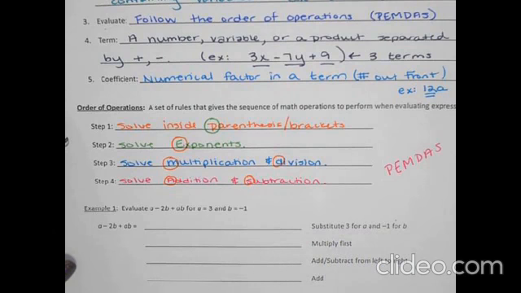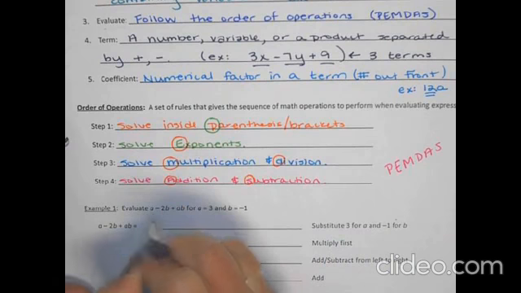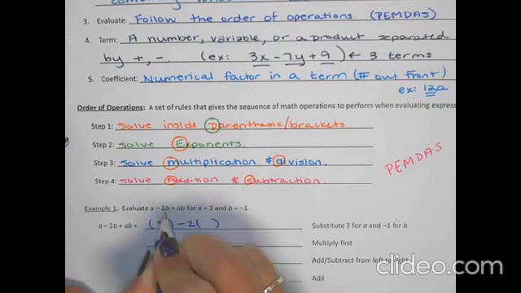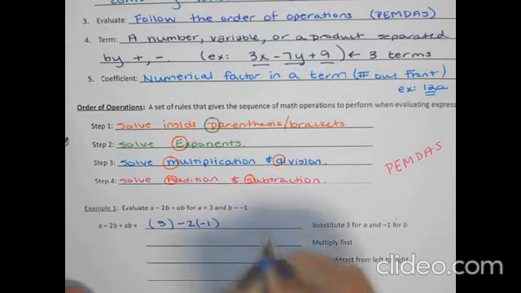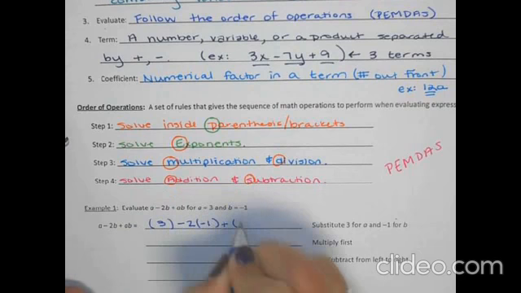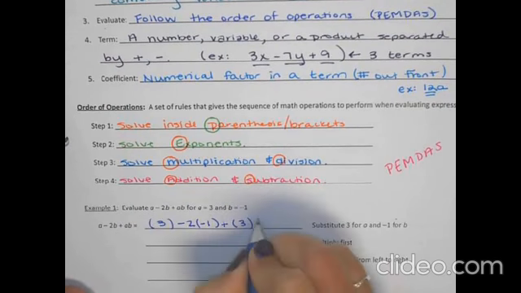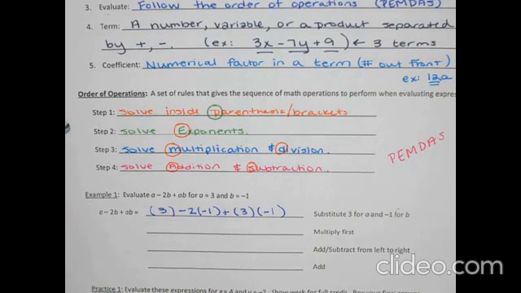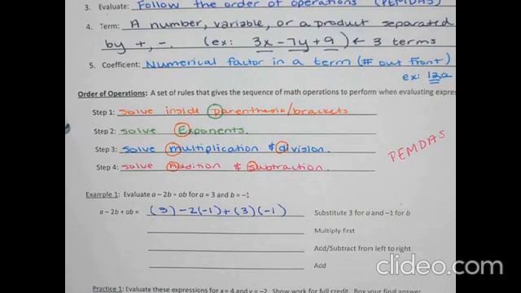Instead of this first a, we are going to write 3 minus 2 times negative 1 plus 3 times negative 1. So anywhere there was an a, we put a 3, anywhere there was a b is now a negative 1. Now since this is all numbers, we can use PEMDAS in order to simplify it. We'll get it down to just one number. We'll do all the operations and get it down to a final answer, okay?